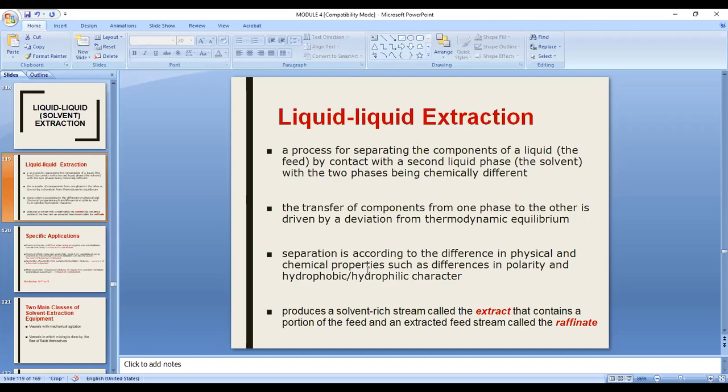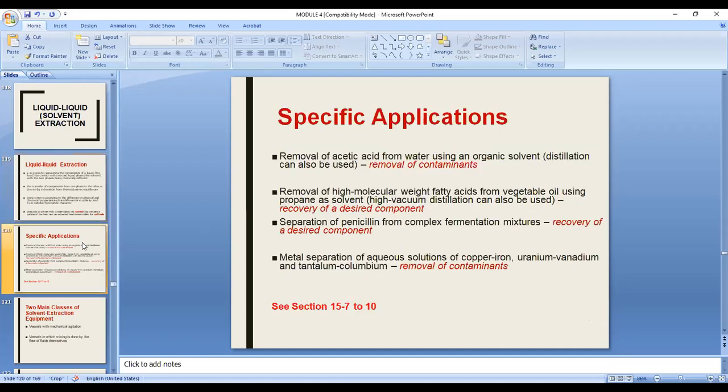So some problems do not say that the extract phase contains this much or has this much concentration. So the solvent phase layer is the extract and the water phase layer is the raffinate, or the solvent-rich layer is the extract and the water-rich layer is the raffinate. So processing the feed and the solvent produces these two layers afterwards.